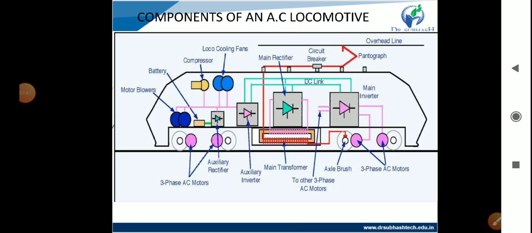This is the component layout of an AC locomotive. AC current is collected from the pantograph, then given directly to the main rectifier. It converts to DC, and this supply is given to our control system.